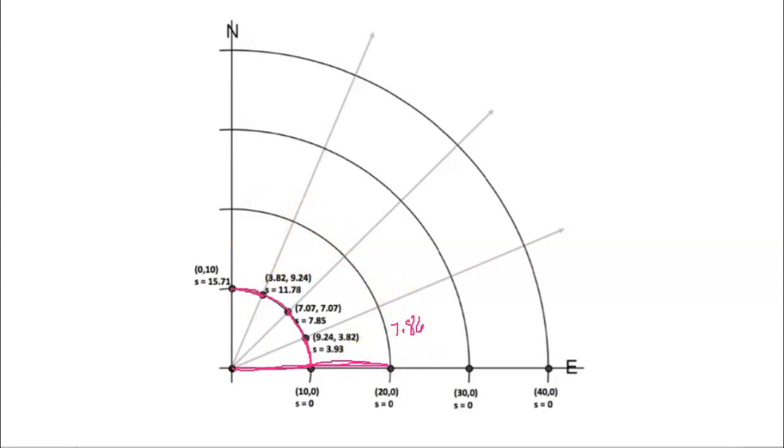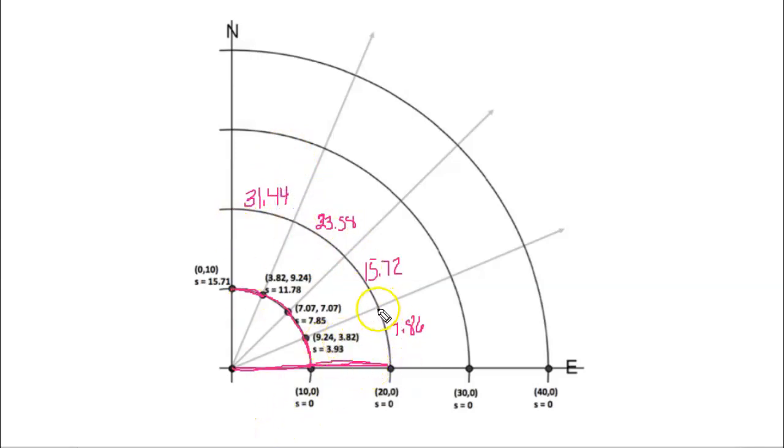So 7.86 times 2 is going to be 15.72. Plus another 7.86 would give us 23.58. Plus another 7.86 would give us 31.44. So we're using that proportionality.